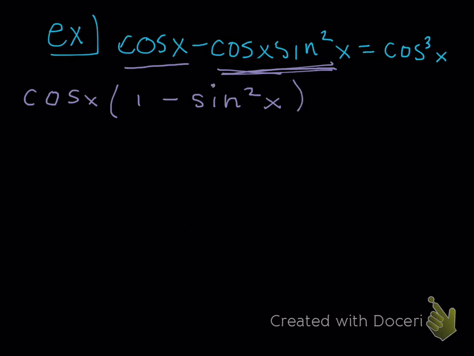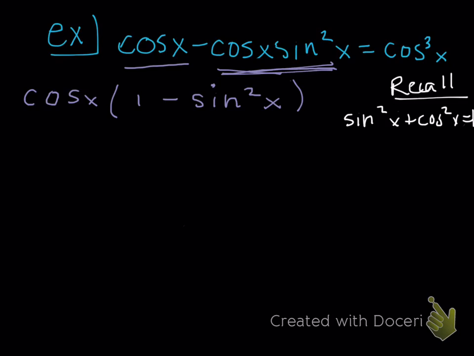I'm just going to write off to the side a fact real quick. I want you to recall that sine squared of x plus cosine squared of x is equal to 1.